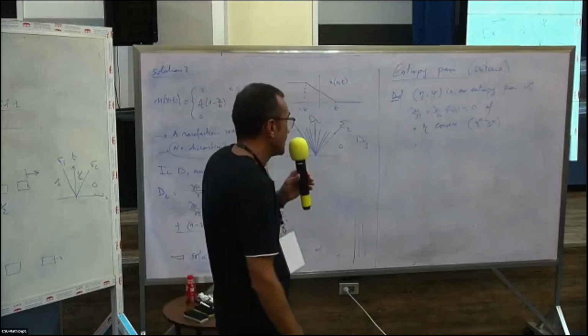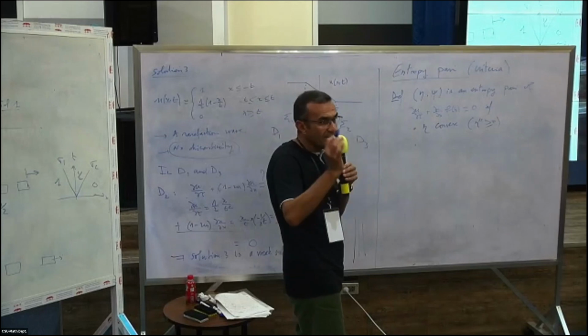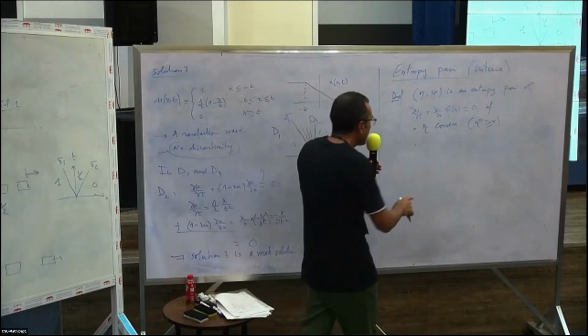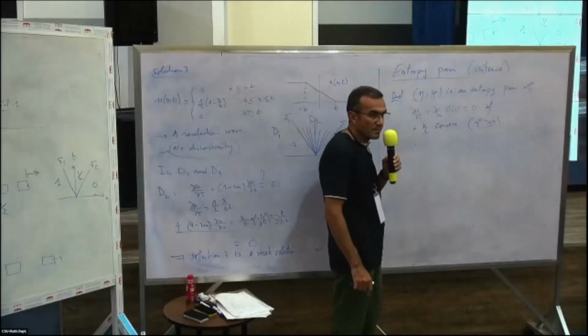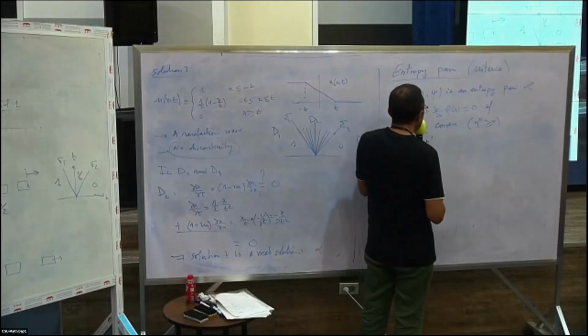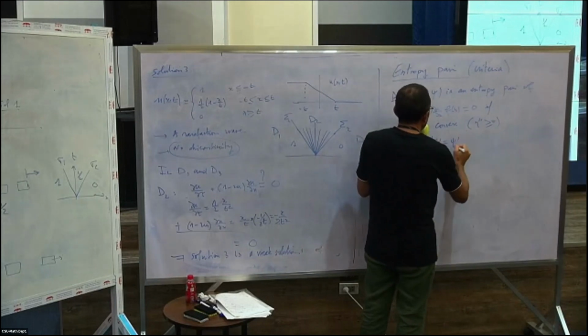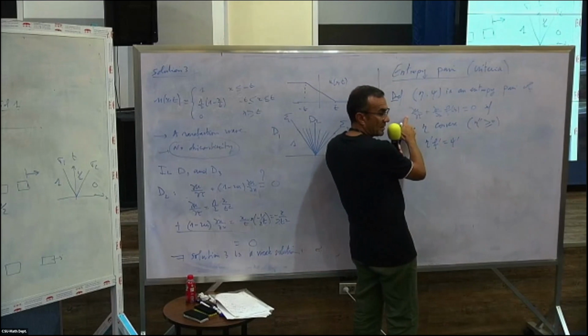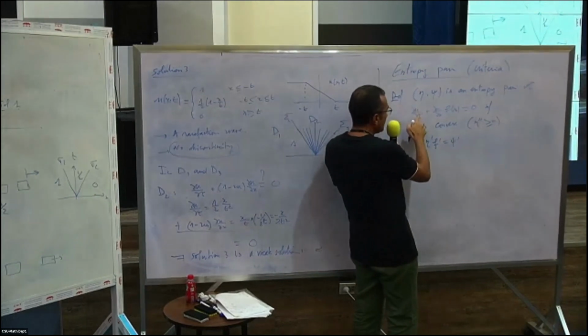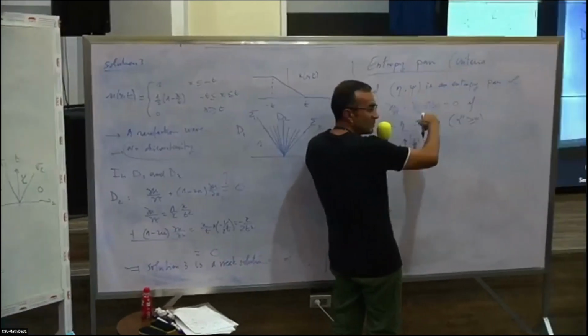Here eta prime is not a vector, it's a real. So the second condition: eta prime times f prime equals psi prime. We get it by multiplying this equation by eta prime: eta prime du/dt plus eta prime f prime du/dx, and this must be psi prime.